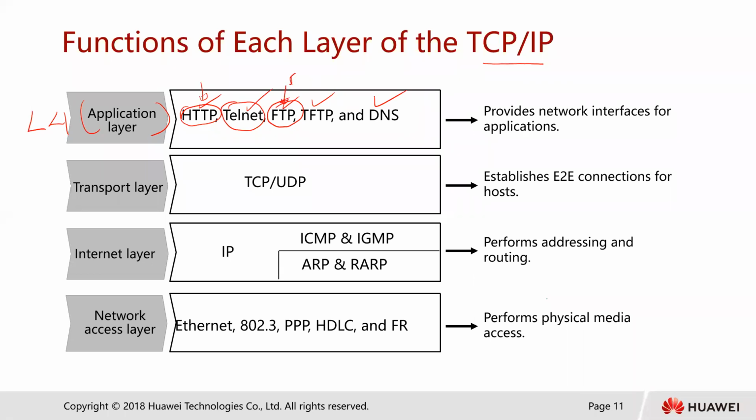Download of what? Large file sizes. How about small files? TFTP. Okay. How about DNS? Address translation. So the application layer in our TCP/IP protocol provides network interfaces for applications, all right?